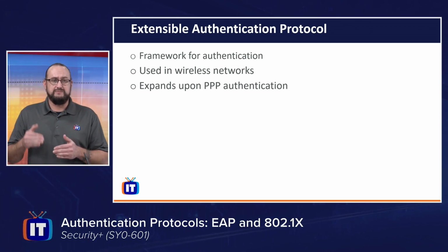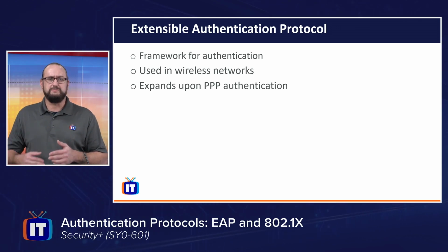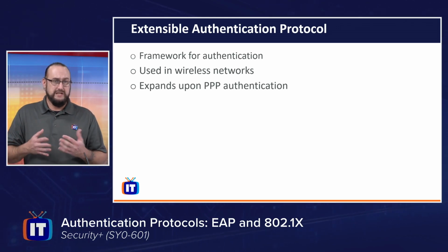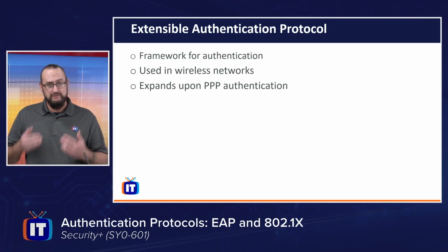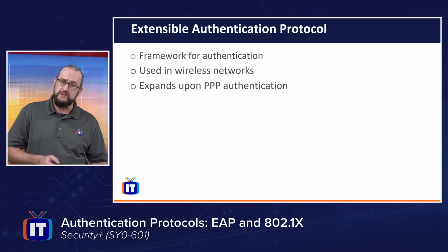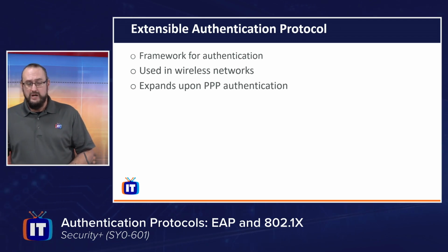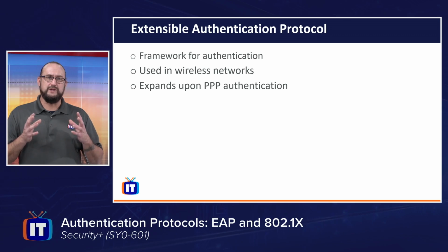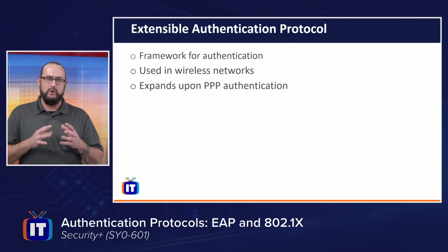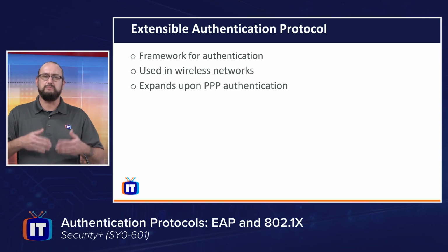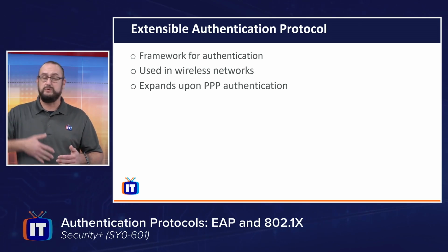See, in the earlier days of PPP, the point-to-point protocol that we've talked about, there were really only a couple of authentication mechanisms available. One that we mentioned already, Password Authentication Protocol, and CHAP. Well, those were kind of restricted in their capabilities and where we can use them, and the technology would progress.